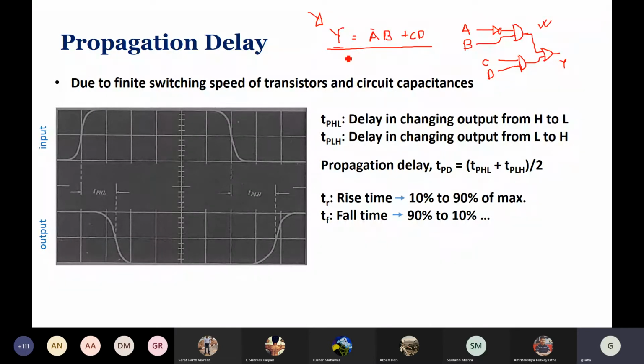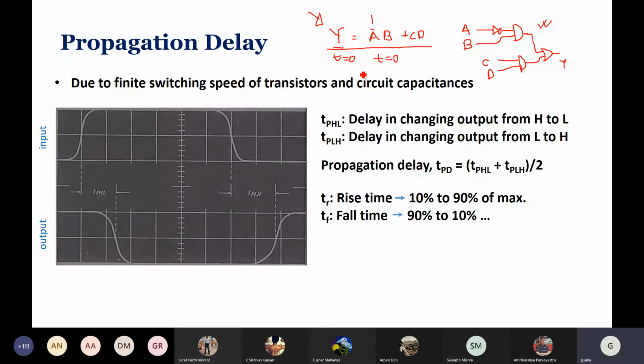That means whenever the input occurs, exactly at the same time the output is also occurring. If the input occurs at t equal to 0, then the output is also occurring at t equal to 0. Okay. So that is again something which is not practical.